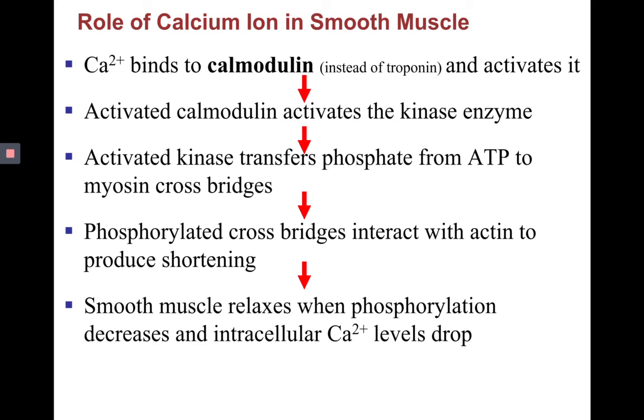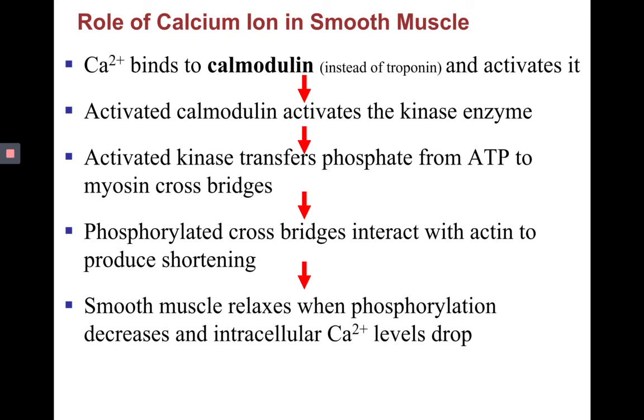But in this case, since there's no troponin-tropomyosin complex, calcium binds instead to calmodulin and activates that. And then the calmodulin is going to activate kinase enzymes. Kinase enzymes are going to take a phosphate from ATP, thereby releasing energy from ATP to form the myosin cross bridges. So ATP is still required to activate the myosin head and to allow it to bind to actin.